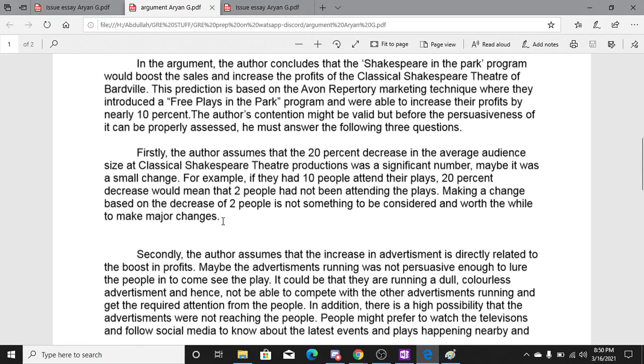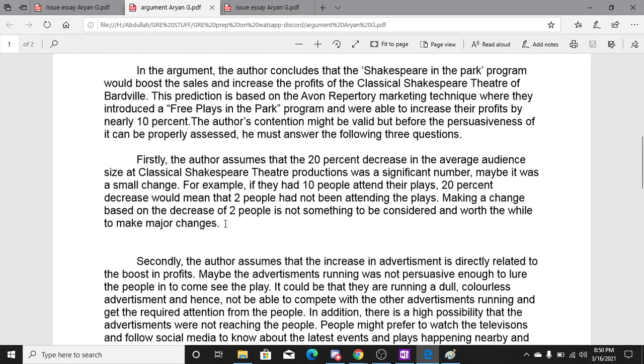This is how I would have stated it. Firstly, the author has stated that a 20% decrease in the average audience is really a bad thing, and it is a severe problem in getting more people even after advertisement. The question that the author needs to answer over here is, what is making the author assume that a 20% increase is a valid or a significant increase, given the fact that there is no reference point?